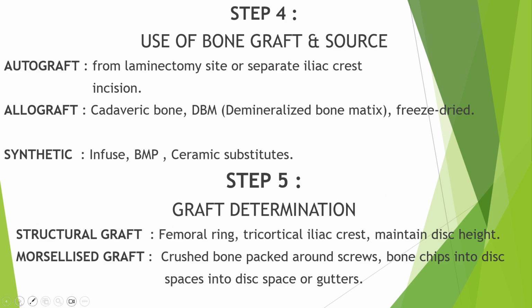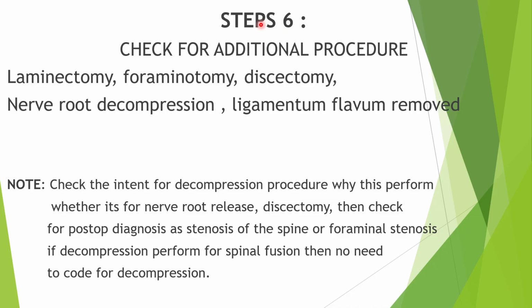Step 5. Now coming to the last, while doing the arthrodesis, in spinal arthrodesis, we have to check additional procedures like laminectomy, foraminotomy, discectomy, nerve root decompression, or whether the ligamentum flavum has been removed or not. We have to check these additional procedures while doing the arthrodesis procedure. So these were the last step. Laminectomy is the removal of the lamina, the back part of the vertebrae.